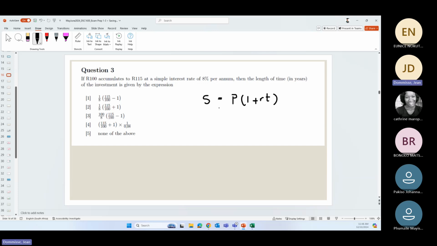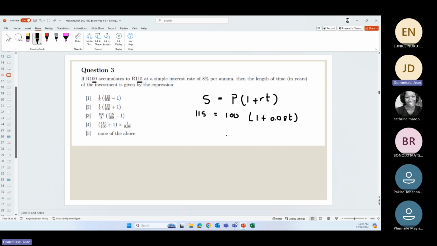So let's start putting in numbers. Future value 115, present value 100. Then 1 plus the simple interest rate of 0.08 times t.